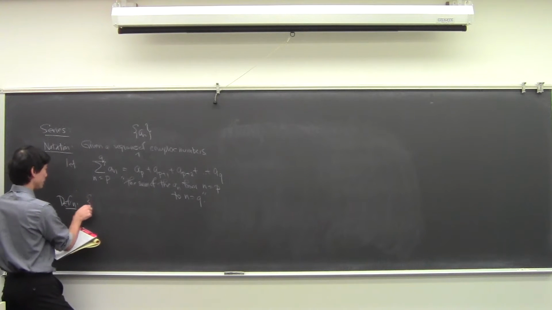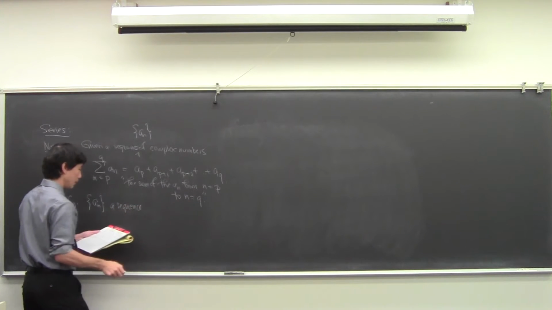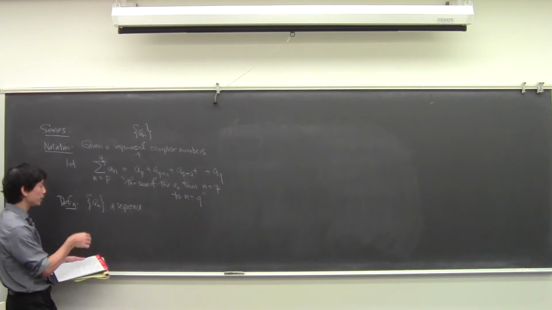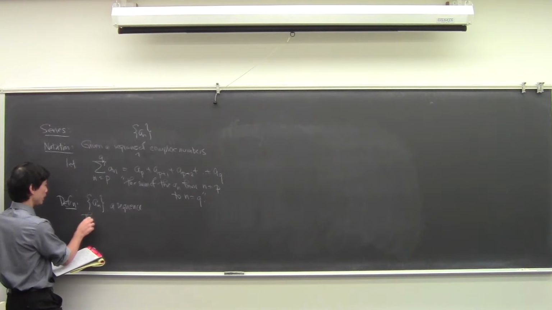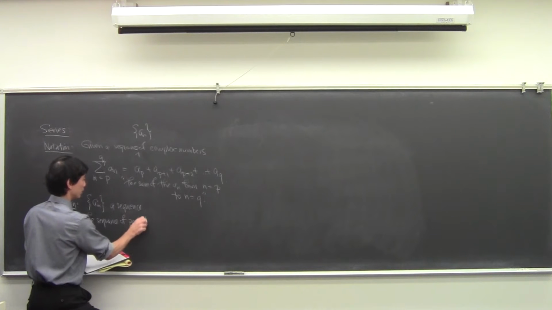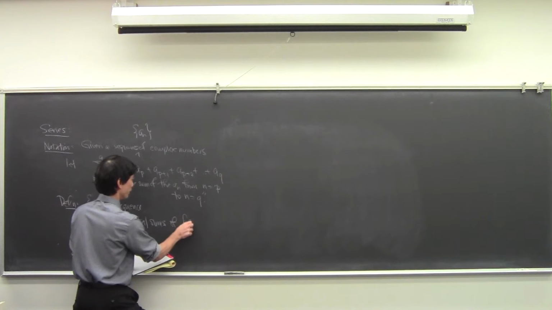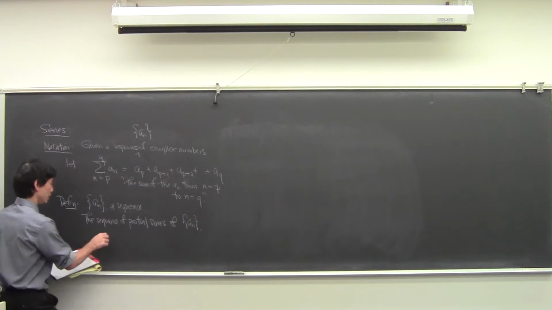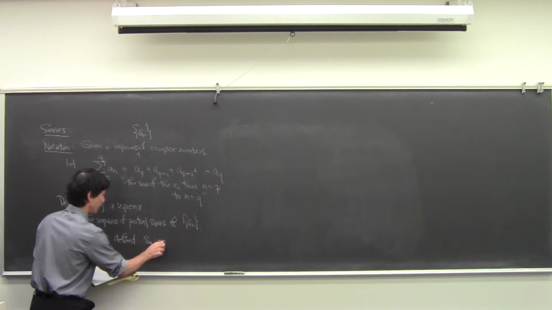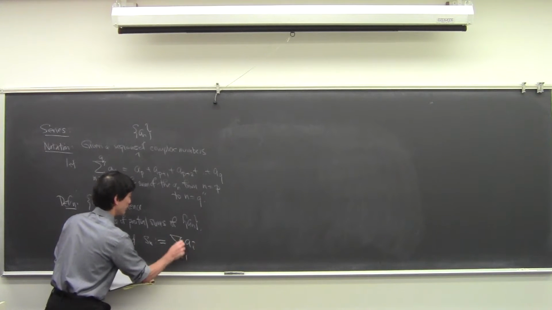If you have a sequence, then we define this other thing called the sequence of partial sums. The sequence of partial sums of your first sequence is defined by S sub n is the sum of the a sub i from i equals 1 to n.